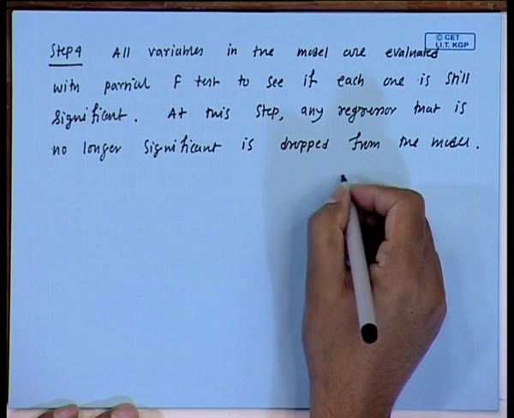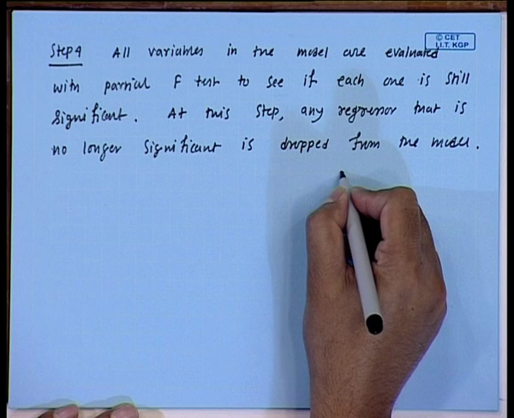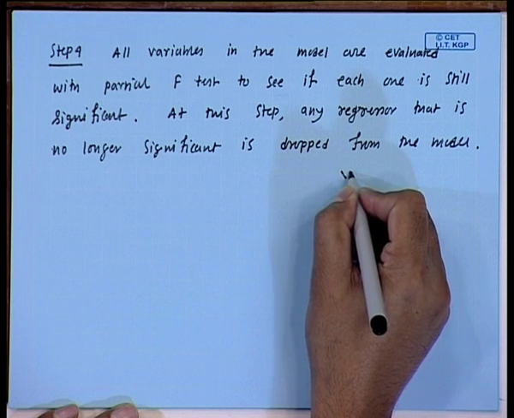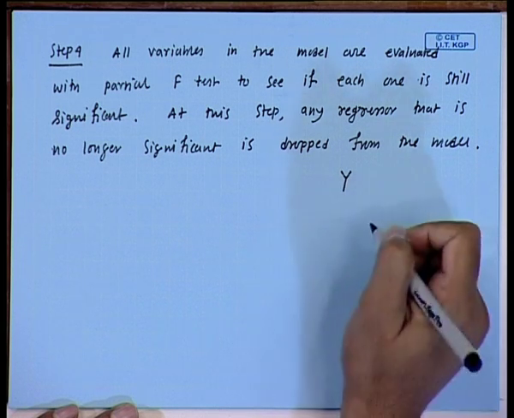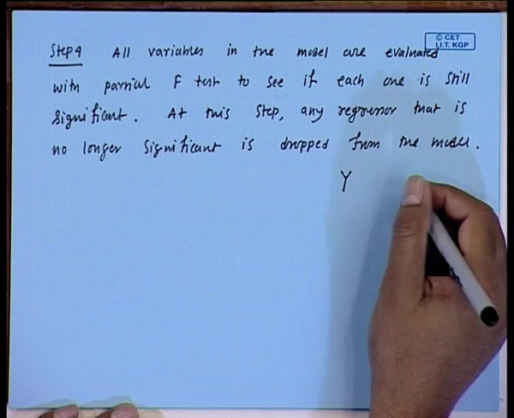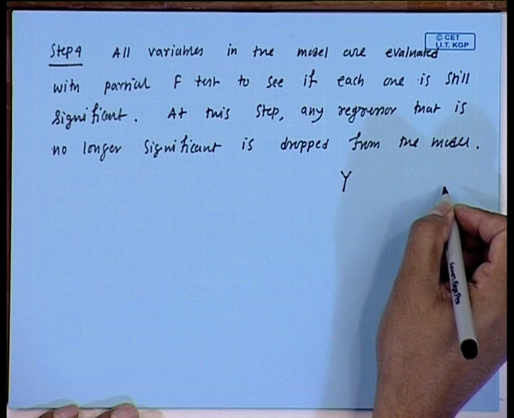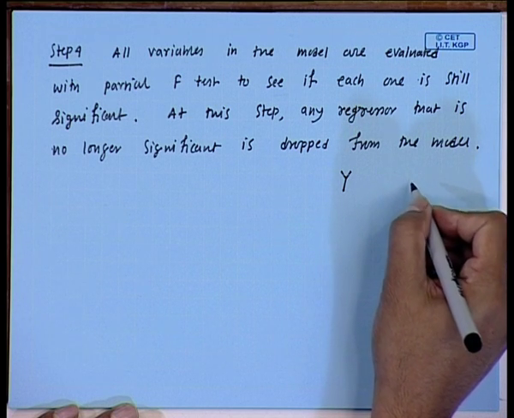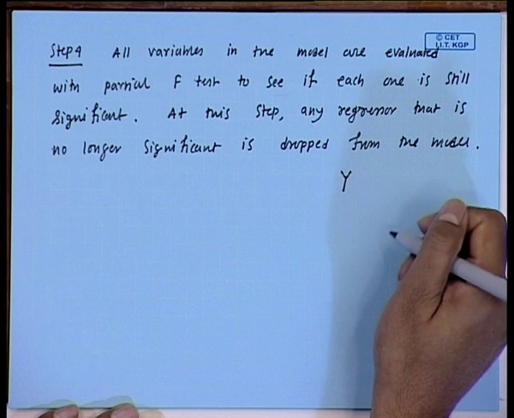I do not know whether it is clear to you, but let me recall the previous example. In the first step we included the regressor x 4, and then in the second step we included x 1.